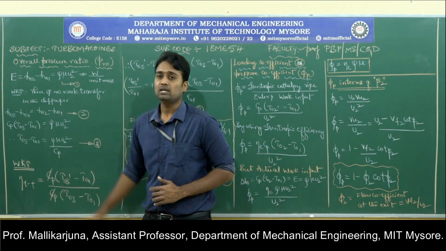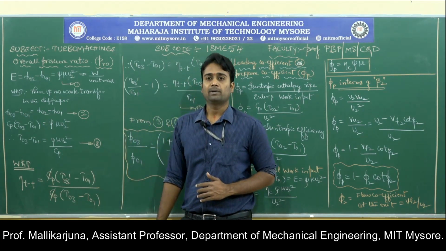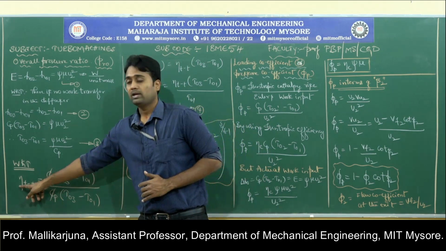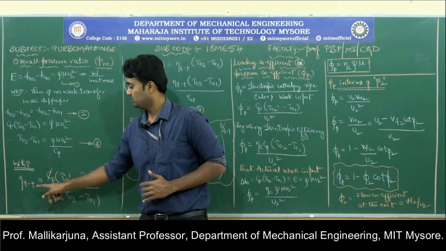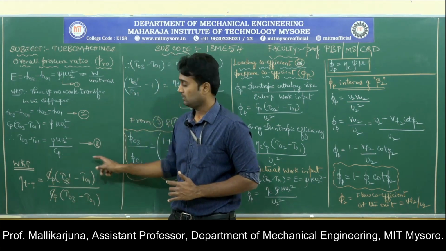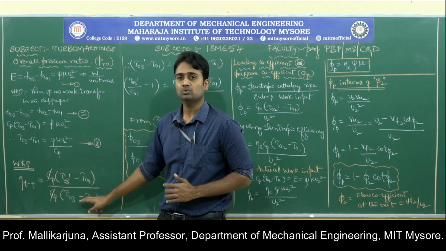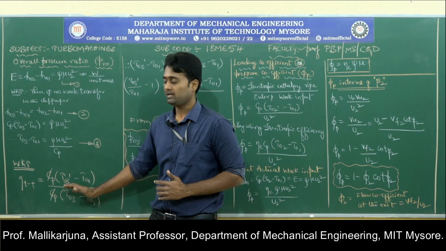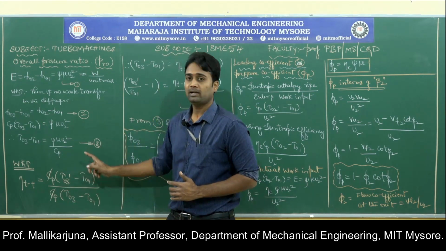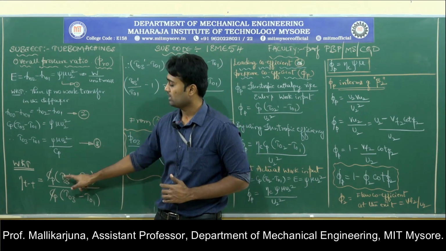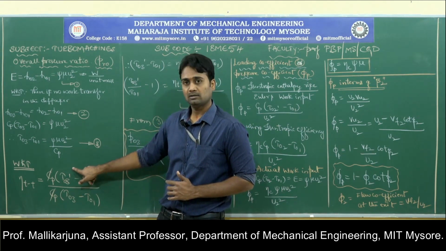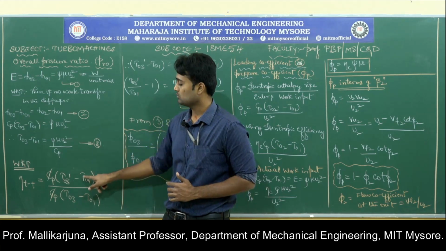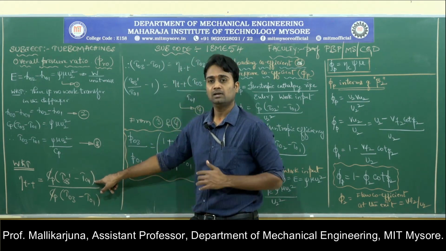Now, I will come back to the efficiency of the compressor, which is the overall total-to-total efficiency, given by the isentropic enthalpy rise to the actual enthalpy rise. The isentropic enthalpy rise is given by T03 dash, the overall temperature at the exit of the diffuser, minus the overall temperature at the inlet of the impeller.